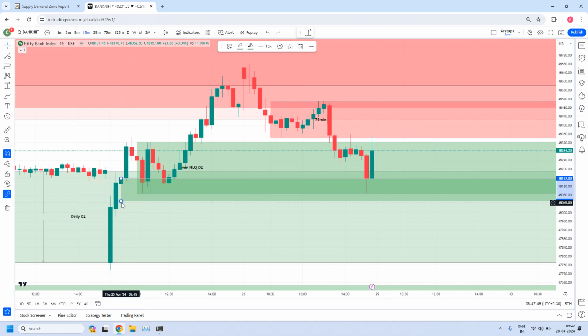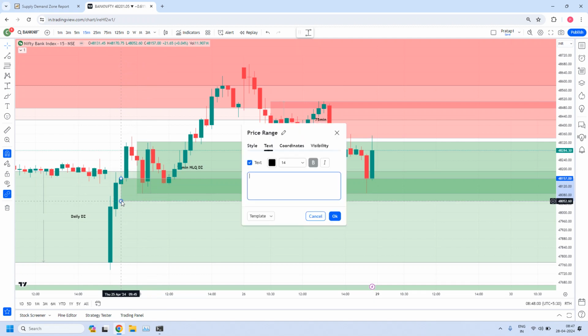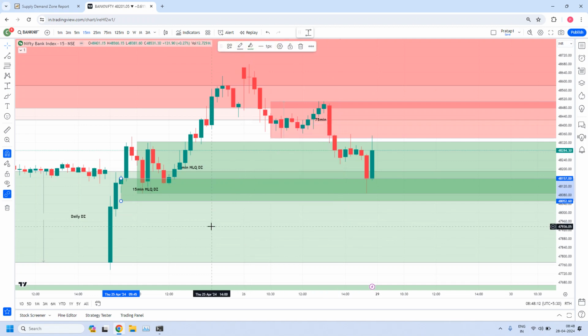This was the main reason behind pushing these prices from here. See, these rejections actually are coming from this 15-minute zone. So this is the actual reason behind this entire 75 minutes high liquidity demand zone.